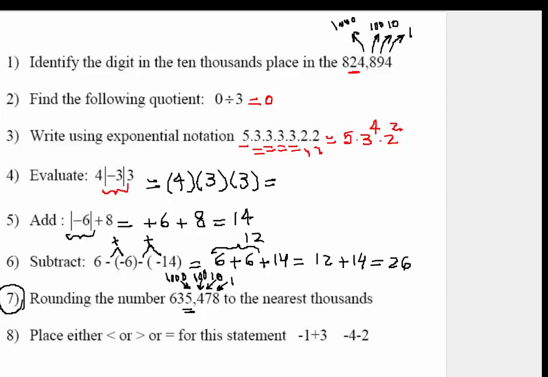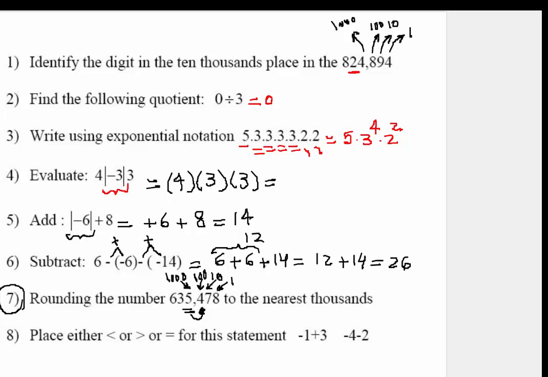Okay, you're absolutely correct. We need to write this as 635 thousandths, because we need to know what's the number right next to the thousandth digit. The number next to the thousandth digit, which would be the 100 digit, is 4. Since this number is less than 5, we don't add anything to 5.